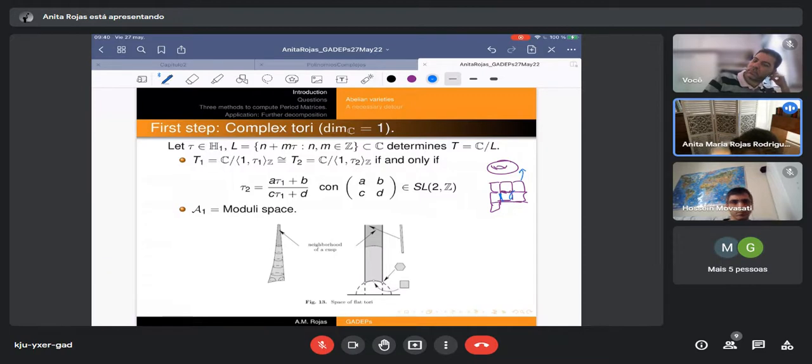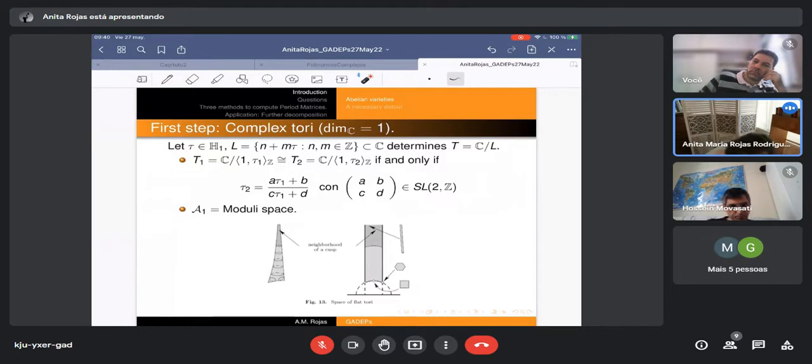Topologically, it's a compact topological space, and two of them are going to be equivalent or isomorphic if and only if the tau you use to make the lattice are related in this way, where that is an integral matrix with determinant 1, or an invertible integral matrix.